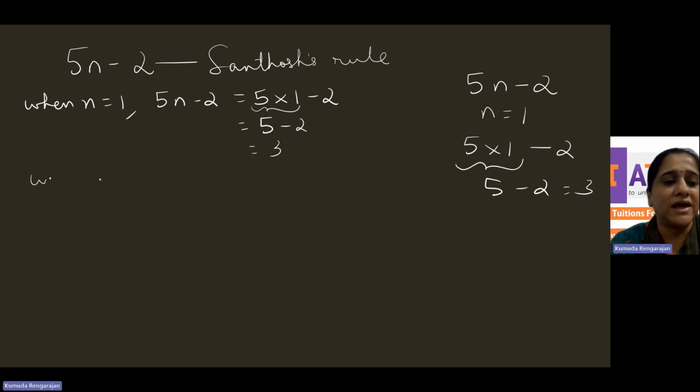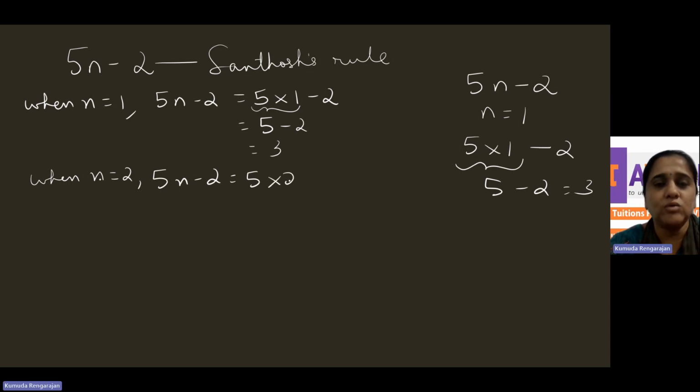Next, Satakshi, tell me when n is equal to 2. 5 into 2 minus 2. What is 5 into 2? 10. 10 minus 2 is 8. So that's the next one.